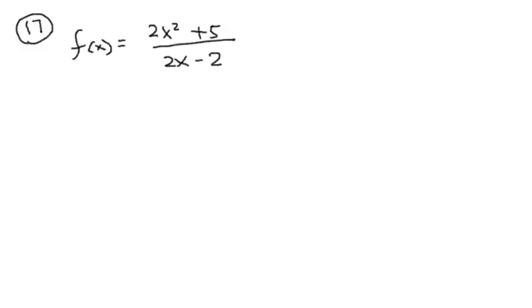I can ignore that stuff here, and I'm only looking at that. I can see that it is bigger on top. If it's bigger on top, then there are no horizontal asymptotes.